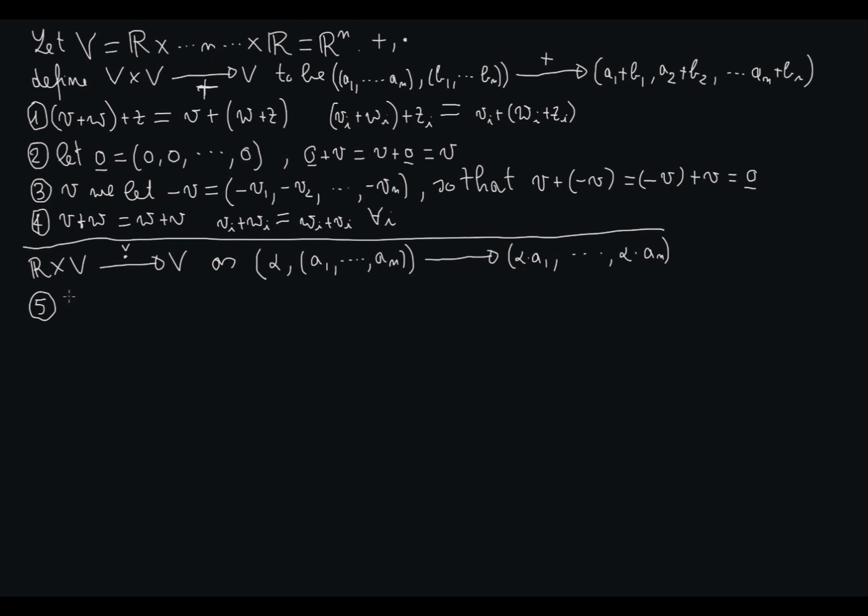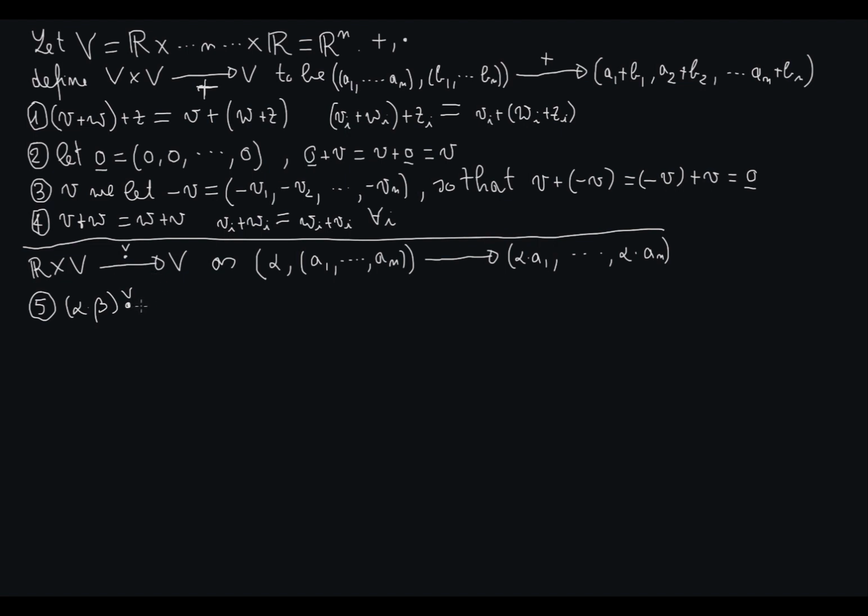The first one is alpha times beta, with this operation. So this is multiplication inside R, and this is multiplication as defined here.